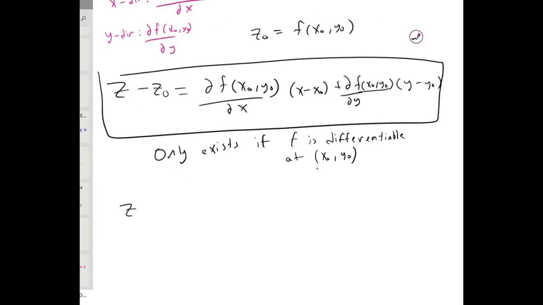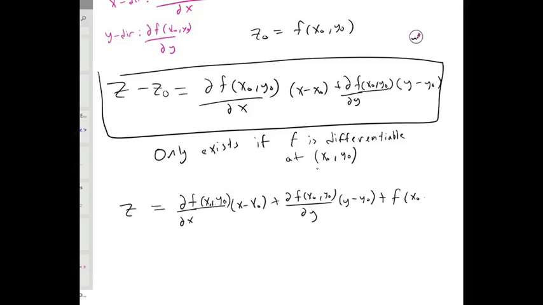And this is the linear approximation. If we solve for z here, we put z0 on this side, and I'm just going to write it as f of x0, y0, so we remember what it means.